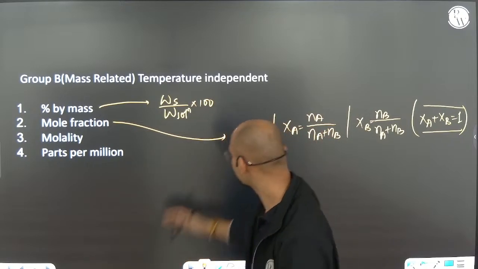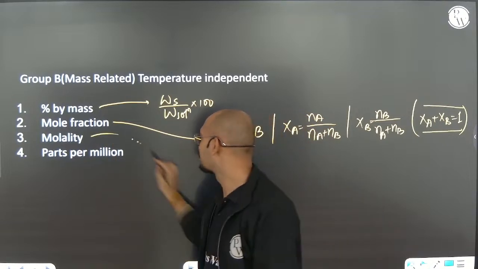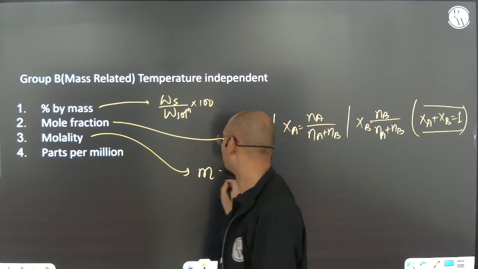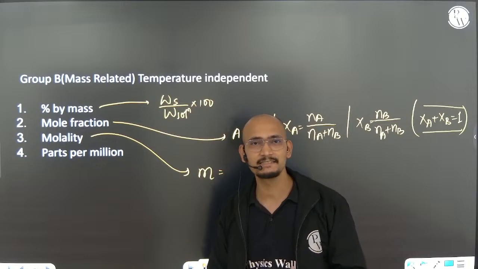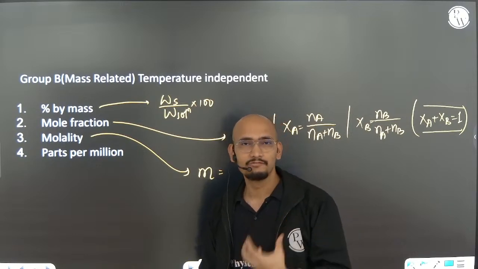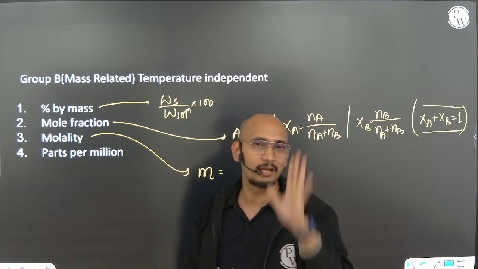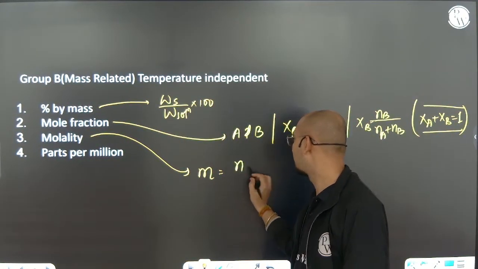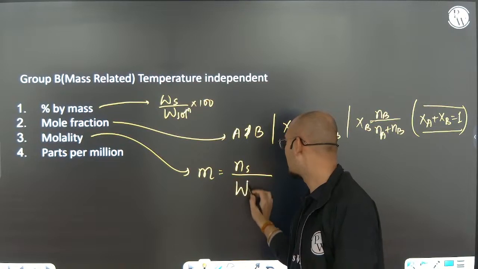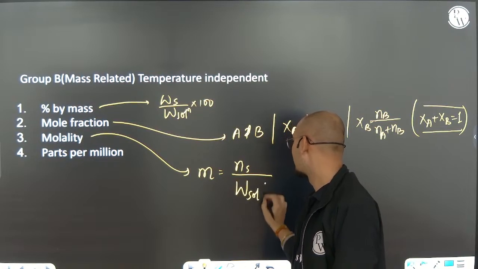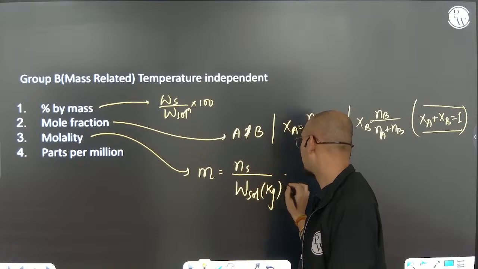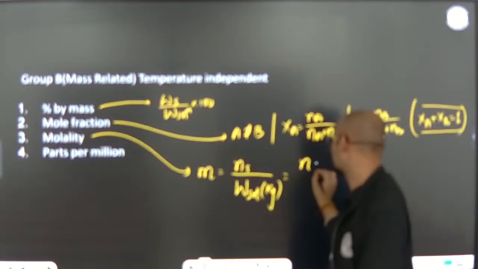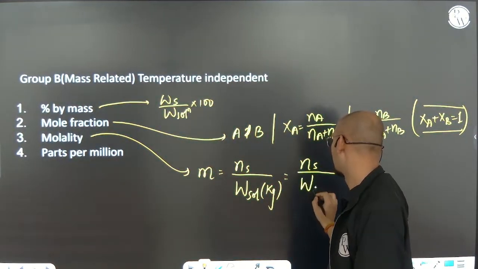Simple, right? Now, molality. What is molality? Molality is represented by small m. It is defined as the number of moles of solute present per kilogram of the solvent, not solution. So we can say number of moles of solute by mass of solvent in kilogram. If I convert it into gram, it will be number of moles divided by mass of solvent.